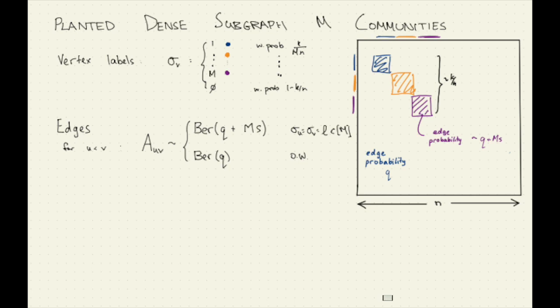Now what we're interested in is, here you're going to reveal edges with probability q plus ms, and here it's just going to be everything is like an Erdős-Renyi. So you've got this background Erdős-Renyi random graph with probability q, and then here you have some higher probability, and you have to be careful that this is not greater than 1, but this is a model in the binary case.